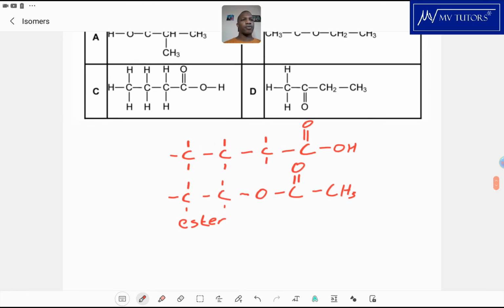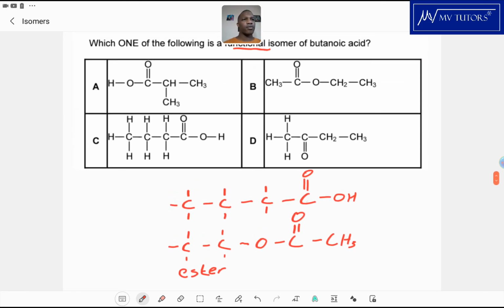Okay, so now when we come up here, we are looking for something that is similar to this, an ester. We're looking for an ester. So is A an ester? The functional group is on the last C, so that's not an ester. Let's go to B. There we go.